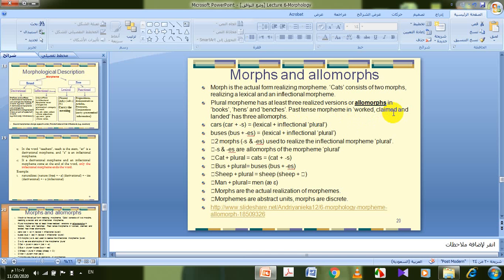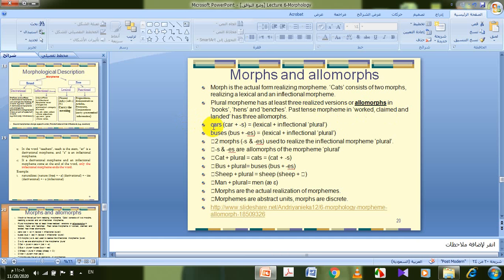Claimed, d, and landed, id. Again, it depends on the last sound of the word, of the singular word. We have worked, claimed, d, and landed, id.